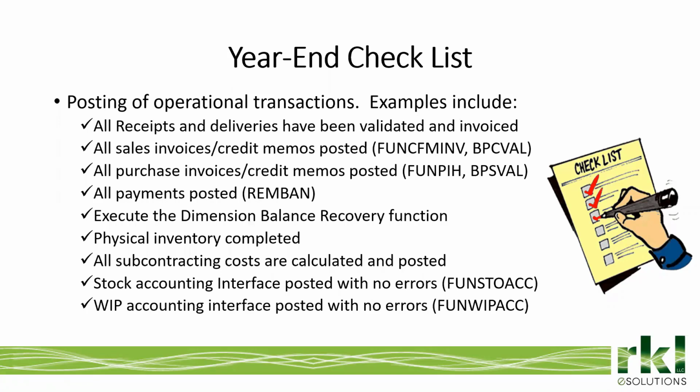If you aren't posting in real time, the most efficient way to capture unposted entries is to run a function in the relevant modules that will allow you to post either many transactions or all of them at once. So for example, under sales invoices, there's a credit memo validation button, and that means posting.